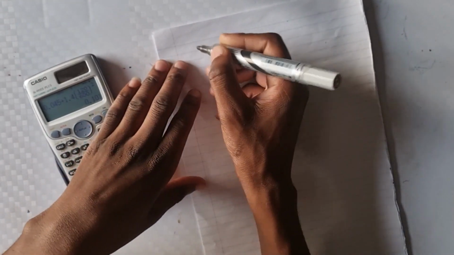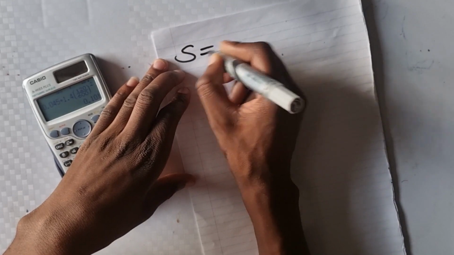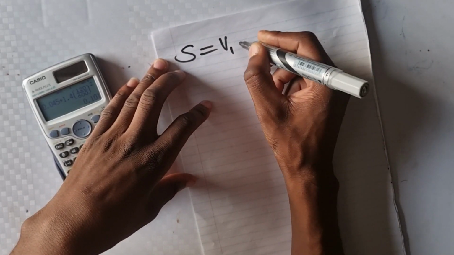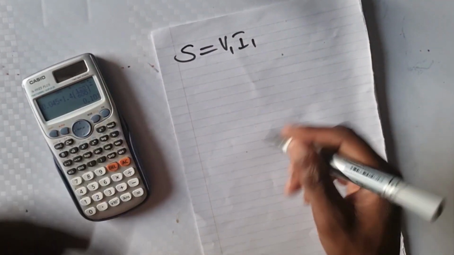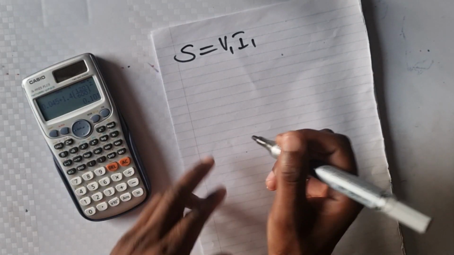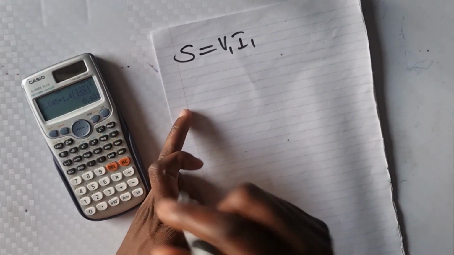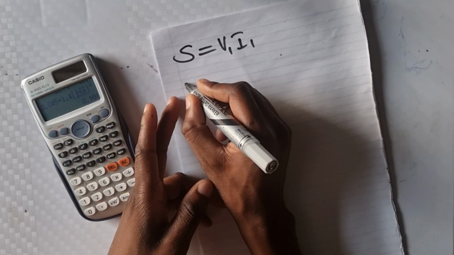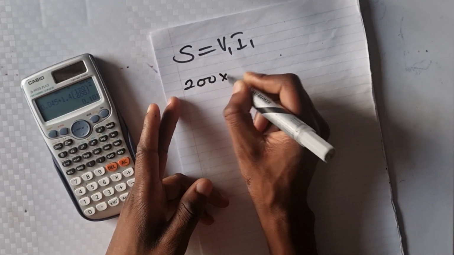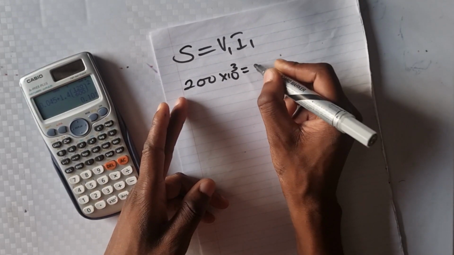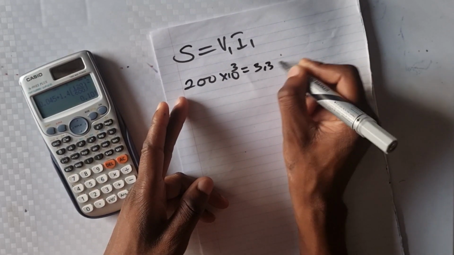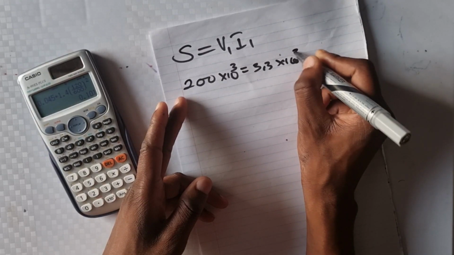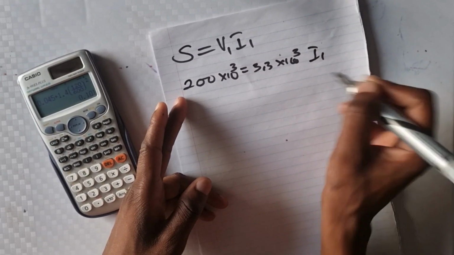So to calculate I1, we know the formula is S is equal to V1 I1. It's a single phase, so it's going to be simple. Apparent power is the same in the secondary and primary. So it's going to be 200 times 10 to the power 3 is equal to the voltage, 3.3 times 10 to the power 3, times I1.